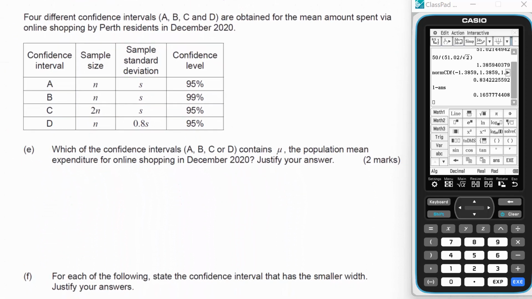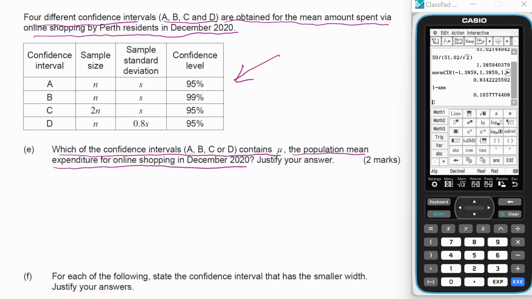Now we've got 4 different intervals, A, B, C, and D, with some details here, obtained for the mean amount spent via online shopping by Perth residents in December 2020. Which of the confidence intervals A, B, C, or D contains mu, the population mean expenditure for online shopping in December 2020, and justify your answer?